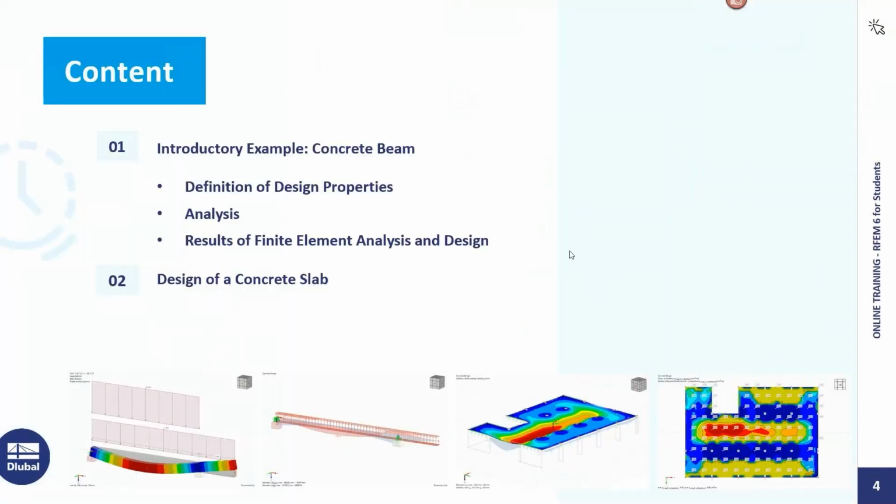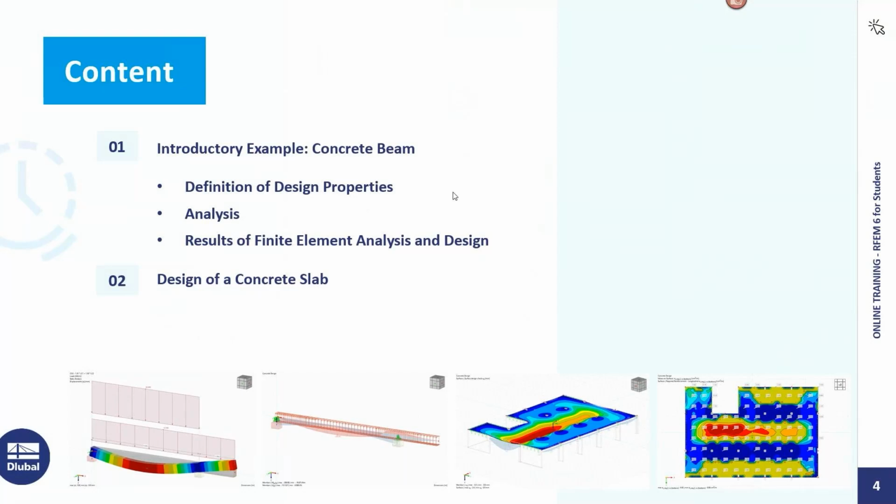We can go to content. This is the plan for our training today. At the beginning, we will have a look at an introductory example, a concrete beam. We will model the beam, put the loads on it, and then we also will have a look at the design properties that we need for concrete design.